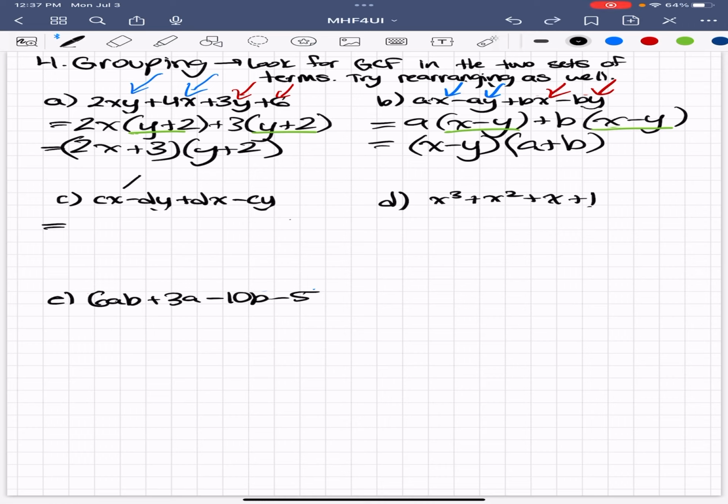For this one, I don't see any common factors, so we're going to have to rearrange.